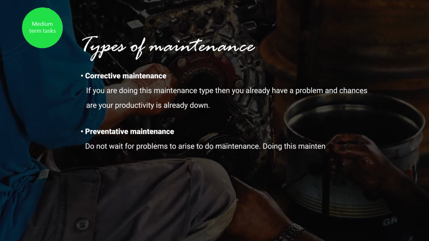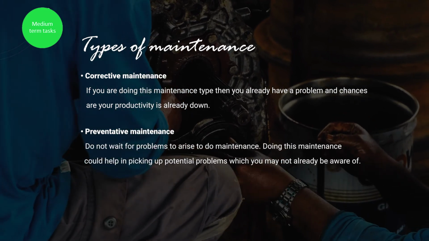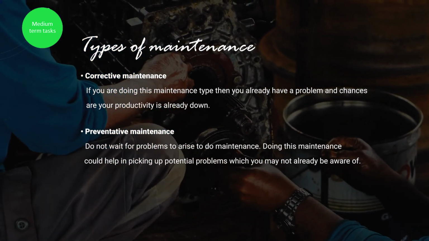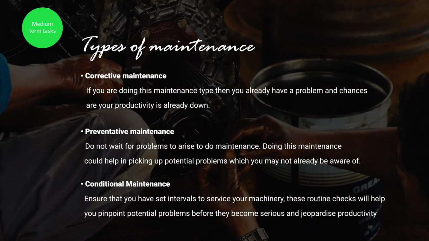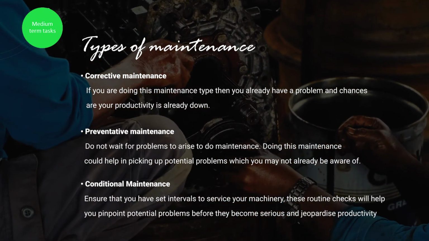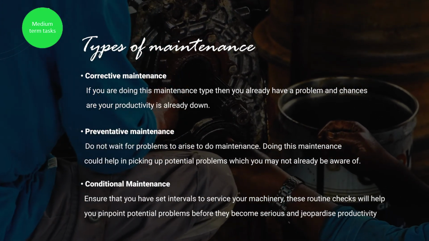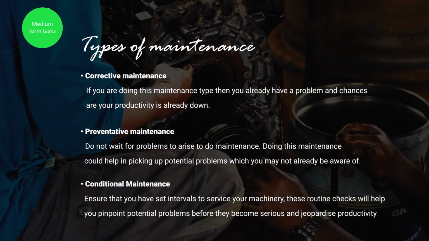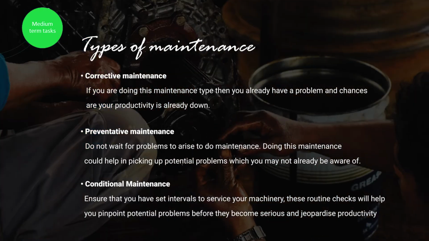Preventative maintenance is done to forestall machine breakdowns, thus averting lost production time. Conditional maintenance is routine by nature, as the machines are serviced at regular intervals. Because these routine checks are scheduled, the production manager can effectively monitor the production process to ensure that the business is able to meet the required production levels.